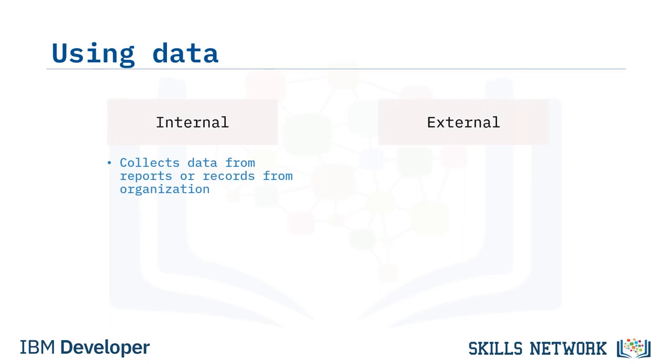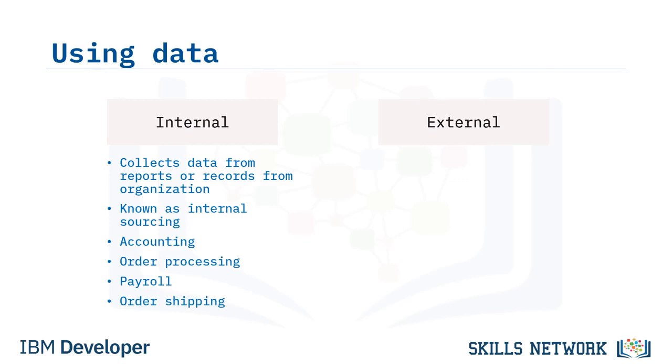When an individual collects data from reports and records supplied by an organization, group, or other entity, this is known as internal sourcing. Examples of internal sources include accounting information, order processing details, payroll, and shipping information.